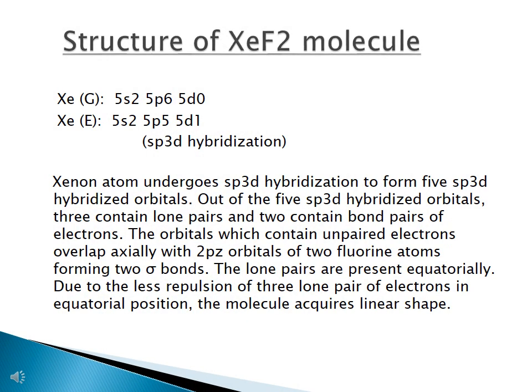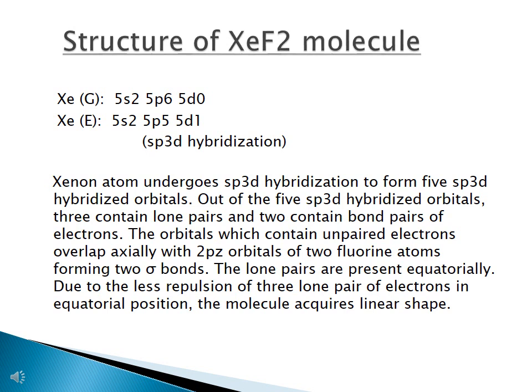The structure of xenon difluoride molecule. The electronic configuration of xenon in the ground state is 5s2, 5p6 and 5d0. In the excited state, it has the configuration 5s2, 5p5, 5d1 by the excitation of one of the 5p electrons to 5d orbital.